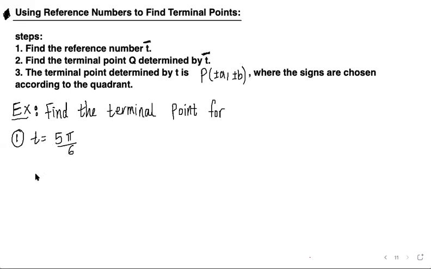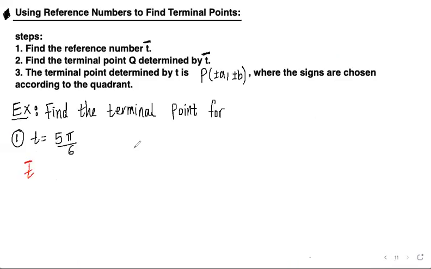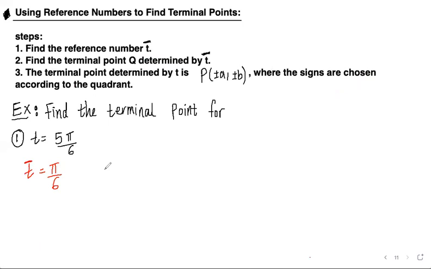First of all, we have to find the t bar. By using the previous example, t is equal to 5 pi over 6, so the t bar is pi over 6. How do I know? By this example. So t bar equals pi over 6.